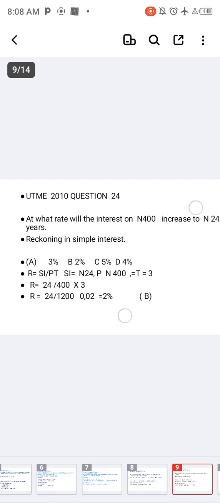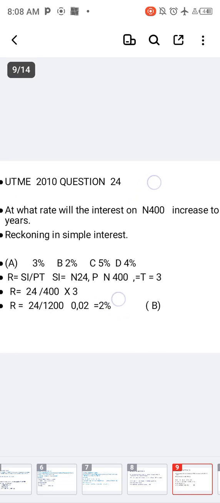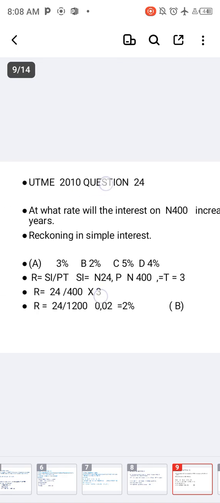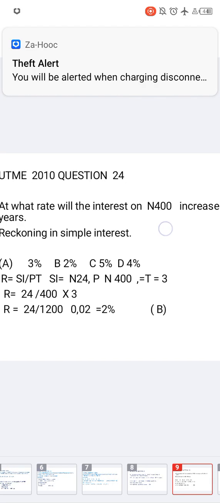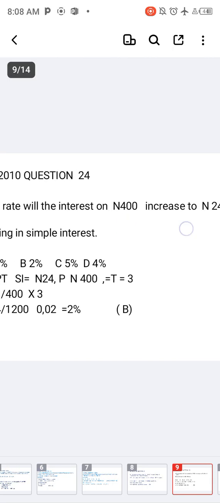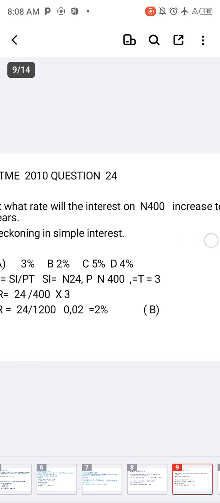Now, this is another question. This question is Unified Tertiary Matriculation Examination 2010, question 24. It says, at what rate will the interest on 400 naira increase to 24 naira in 3 years?